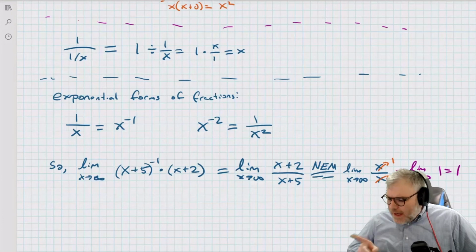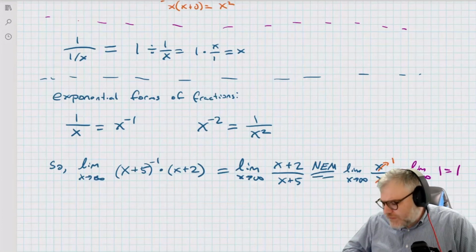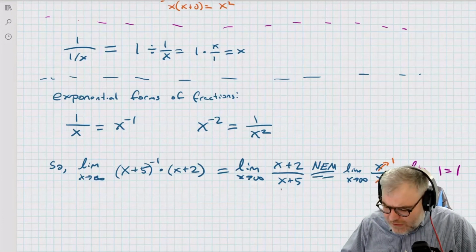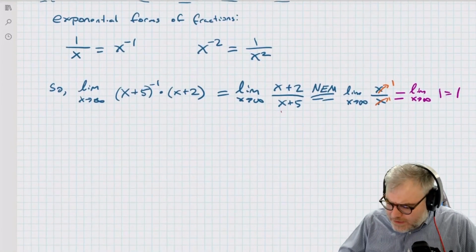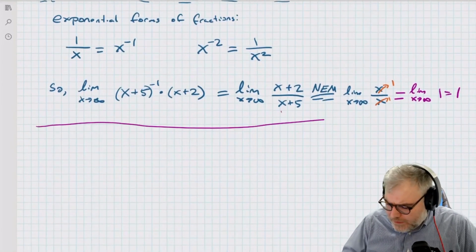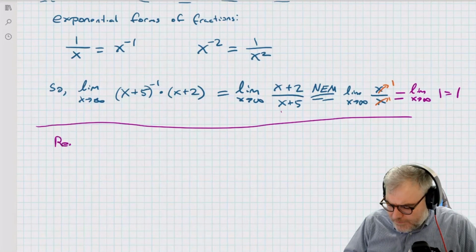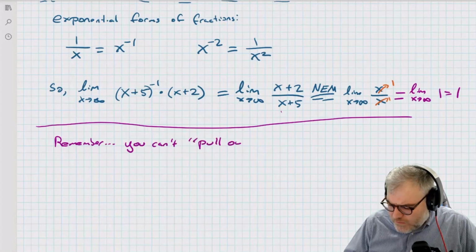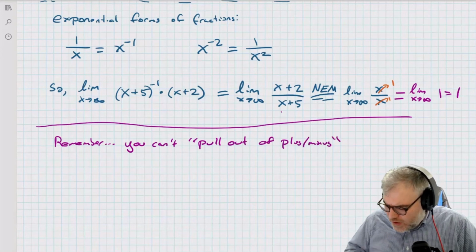Okay. The other major problem I often see is this cancellation. So one other thing I just want you to remember: you can't pull out of plus or minus. Let me show you what I mean by that.